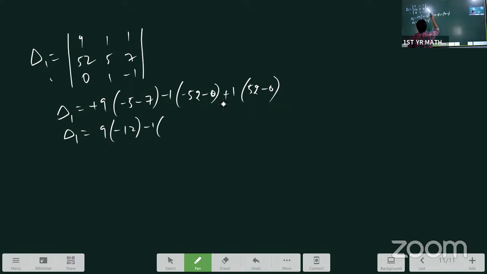See here, minus 1 into minus 52 minus 0, plus 1 into 52 minus 0 only. So here 9 into minus 12 plus minus 1 into minus 52 and plus 1 into 52. Is it clear? So minus into minus is again plus.